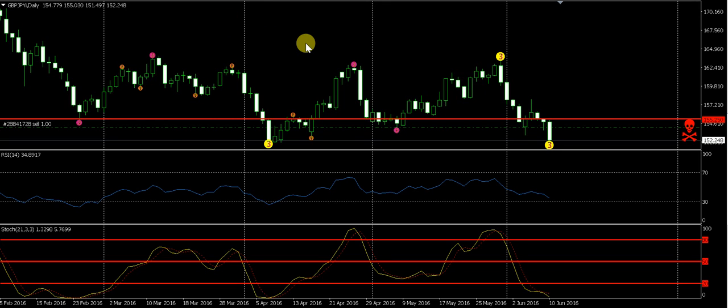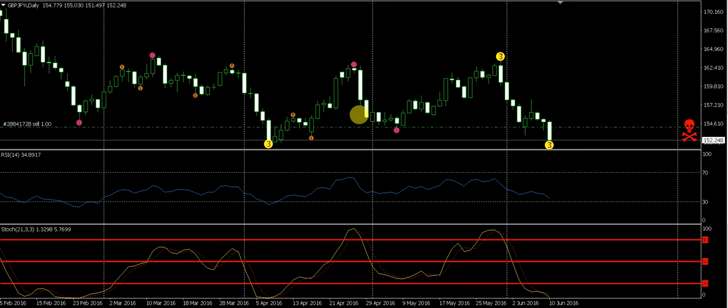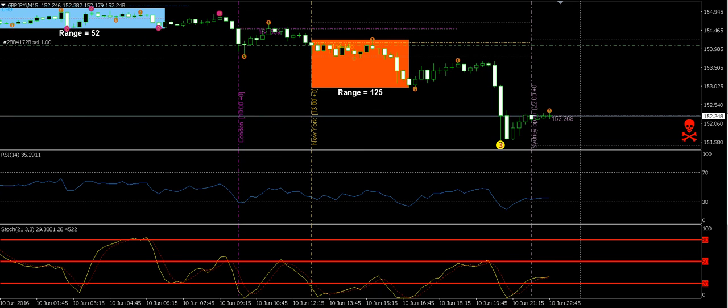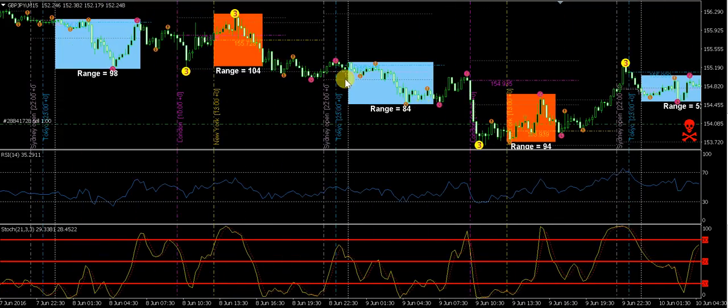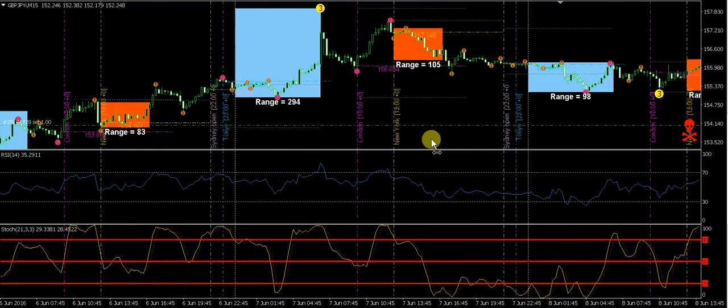Now I do recommend, of course, trading off of your daily charts and using the smaller time frames just to precisely and effectively gain entry into the market. Again, you want to use this insight and these indications in confluence with what you know about the market, the market sentiment, and your market analysis.